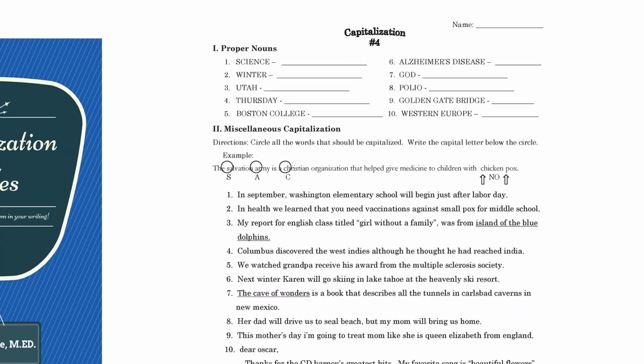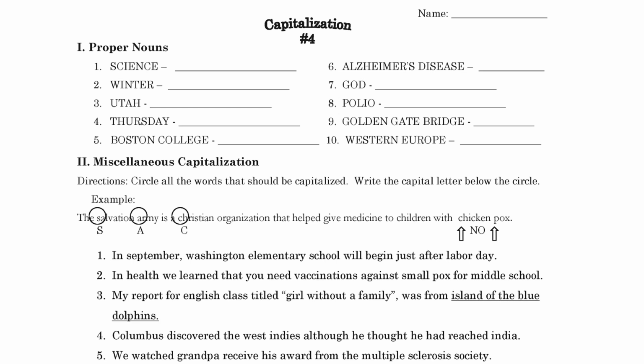You can see here is an example of a worksheet, and it has one of my issues that still to this day, my brain wants to capitalize the seasons: spring, summer, winter, fall. I'm never confident when I'm spelling those words because my brain just wants to capitalize them.